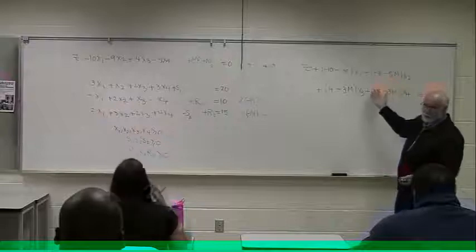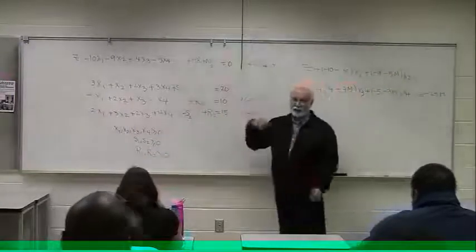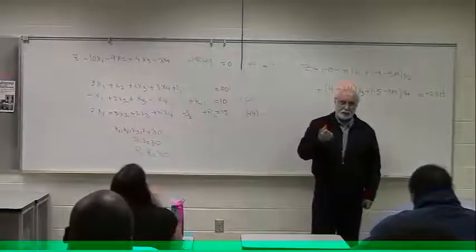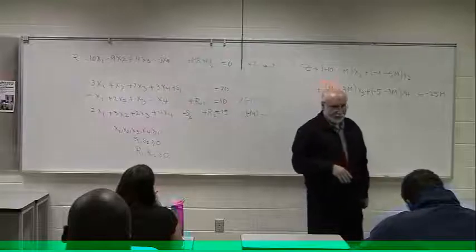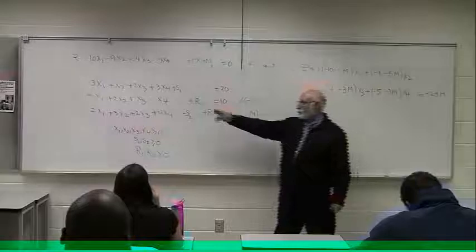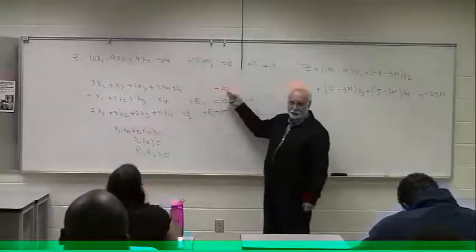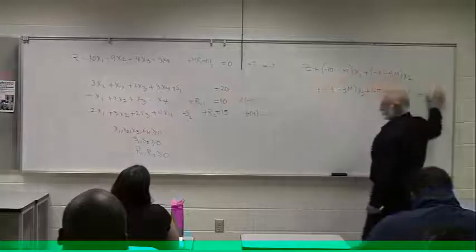Now with that Z and this, can I use R1, R2, and S1 as my basic variables? Yes, because there is one S1 in this one, no S1 anywhere else.